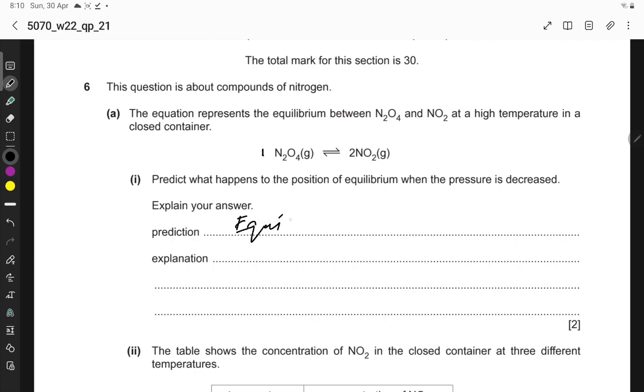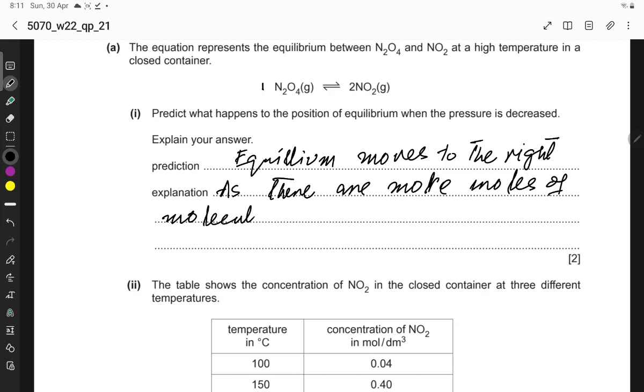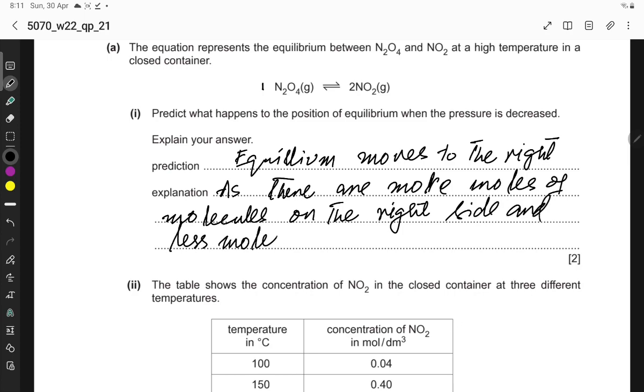Equilibrium moves to the right, as there are more moles of molecules on the right side and less moles on the left side.